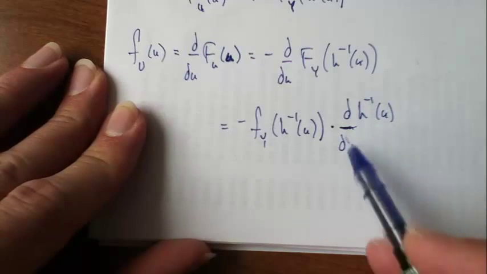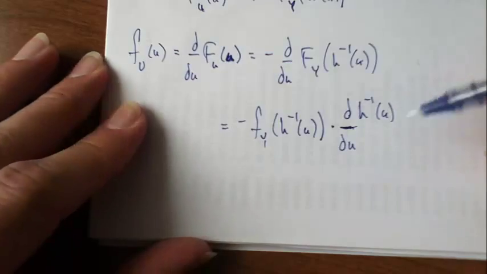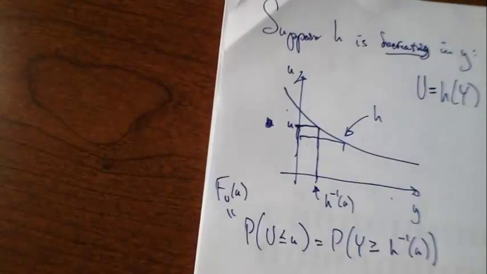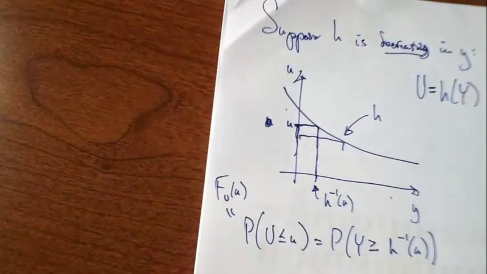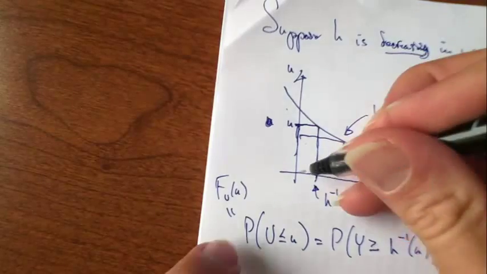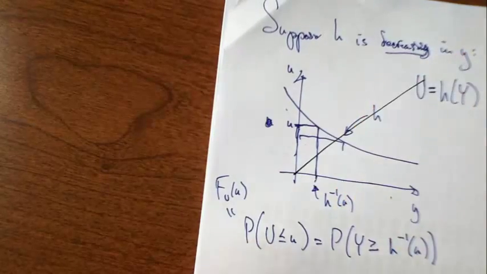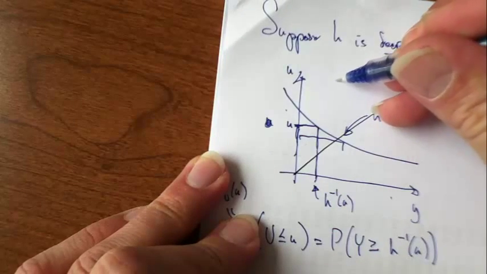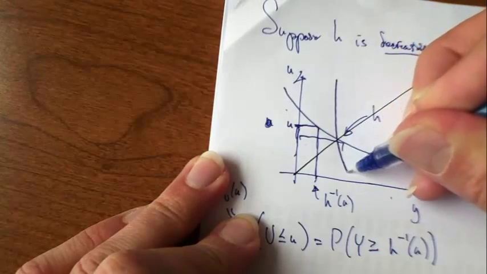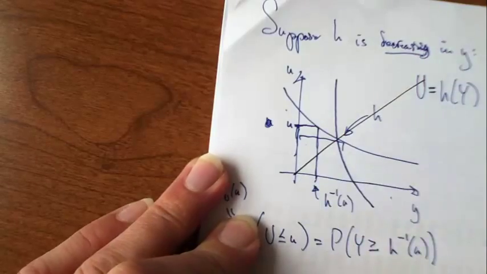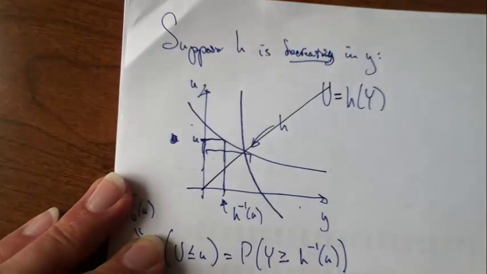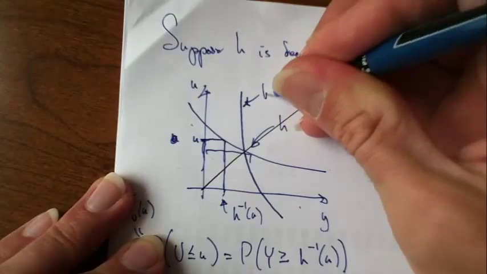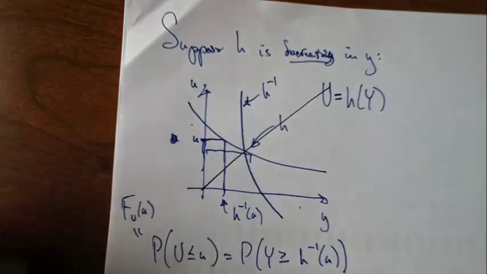Take a look. h is a decreasing function. What does h inverse look like? Remember, these increasing and decreasing functions have inverses, and they're just the functions reflected in that line right there. So this is what h inverse looks like, and it's also a decreasing function.